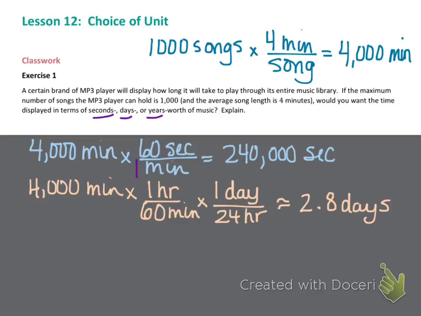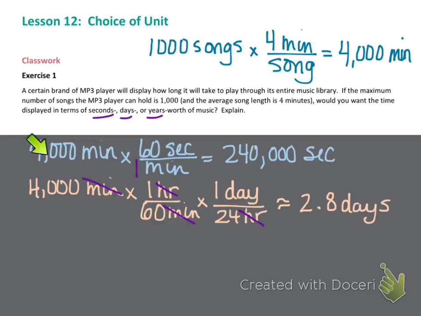What's happening here is I want my units to cancel. Anyway, this is how I do unit conversion so that I don't make a mistake. I carry the units along, multiply by a conversion factor, and then figure out what it is.